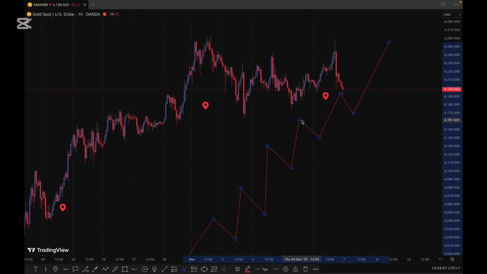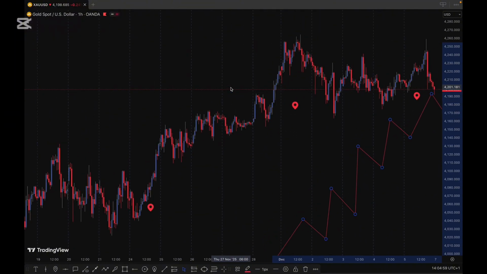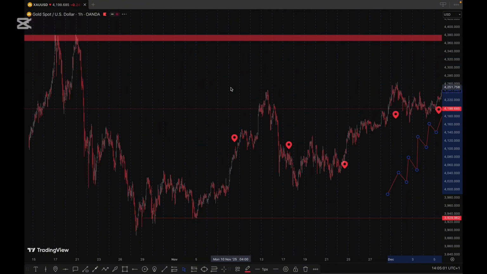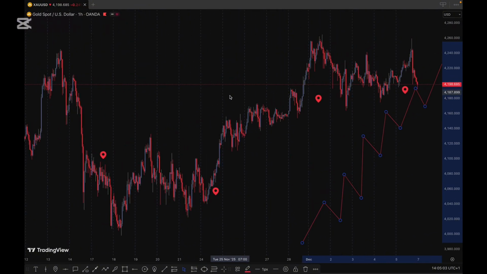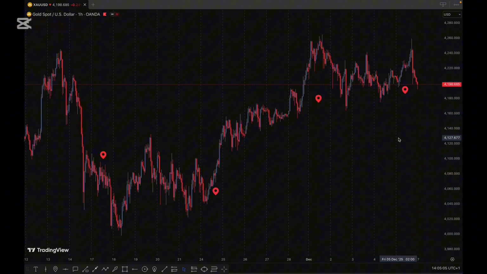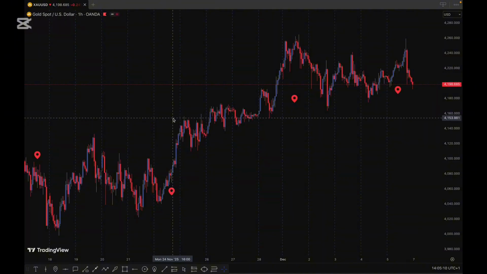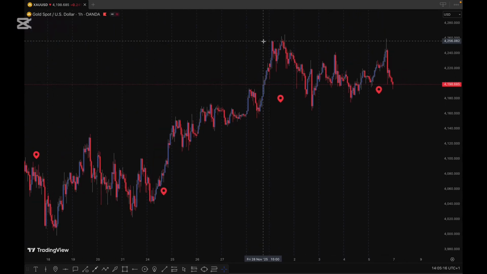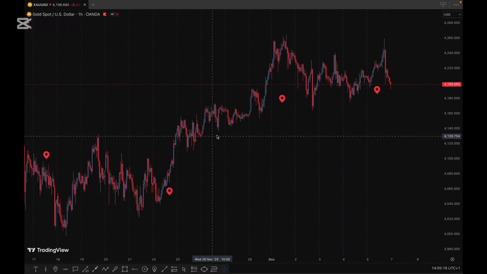That is the characteristic of a bullish market, or an uptrend market: the creation of new highs. This is what I mean by new high. This was the previous high, this is a new high, this is a new high, this is a new high.